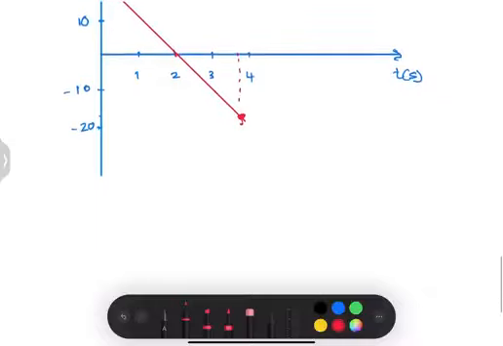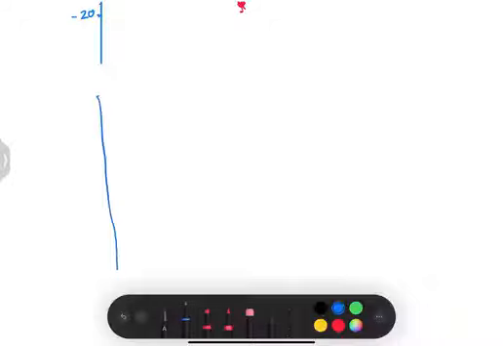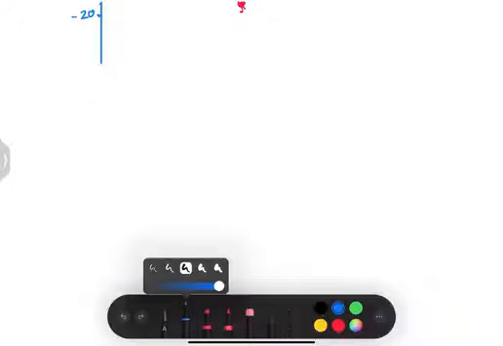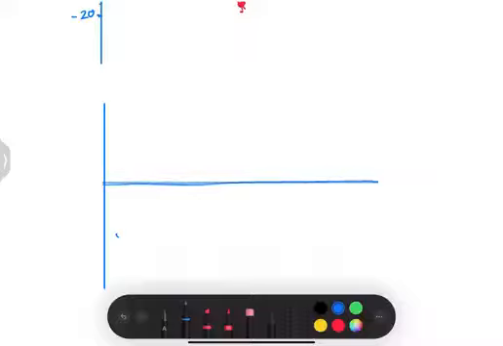Just as an additional, what if they had asked us to draw a displacement time graph? Okay, so in this case, what would that look like? If I take the displacement time graph, remember there are two types. There's one where I can take the ground as my reference point.